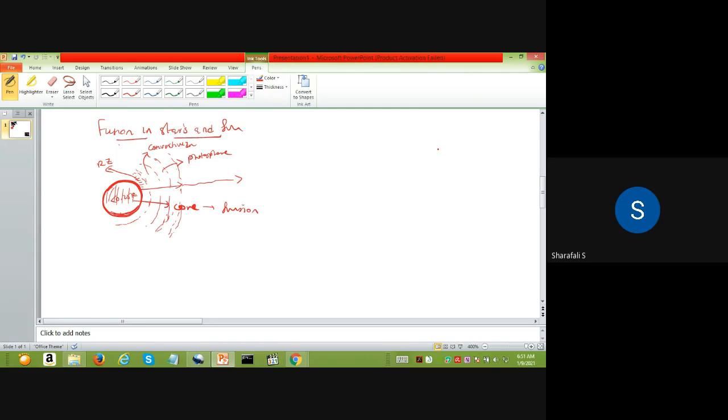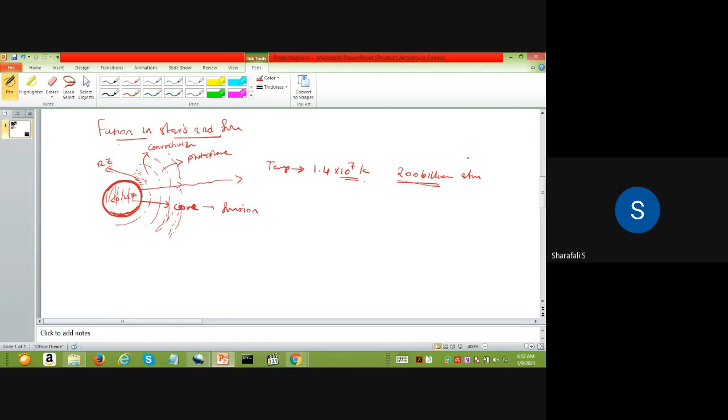So how is this happening in the sun? We already said that the temperature in the sun's core region is around 1.4 × 10^7 Kelvin. The pressure will be around 200 billion atmospheres. Compare that: 200 billion atmospheric pressure, which is a very huge pressure.